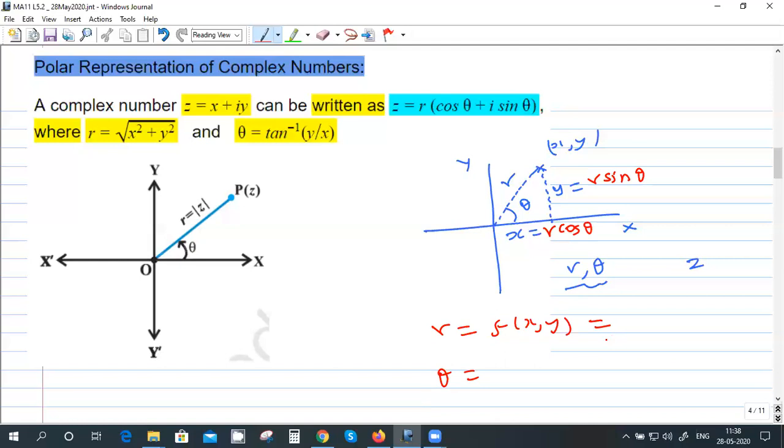No, that is x in terms of r and theta. This is r equal to square root of x square plus y square. The right hand side should be fully in terms of x and y. Similarly, theta is what, in terms of x and y?